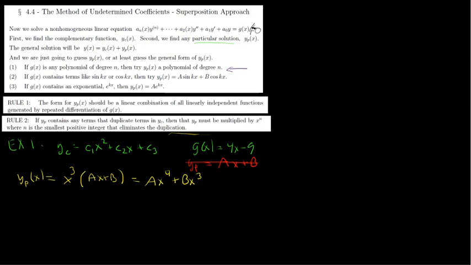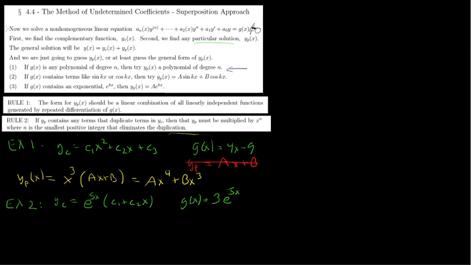So let's look at a second example here. Example 2. Let's make our complementary solution yc equal to e to the 5x times c1 plus c2x. And let's suppose that g of x is equal to 3e to the 5x.